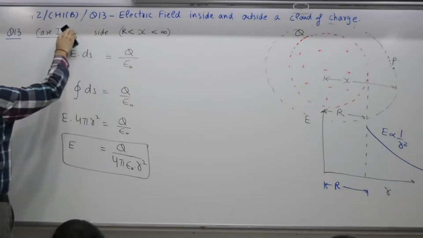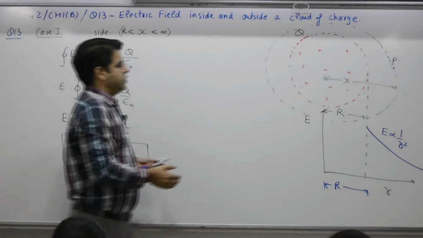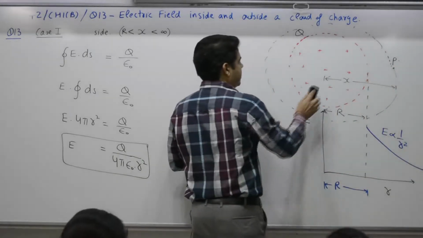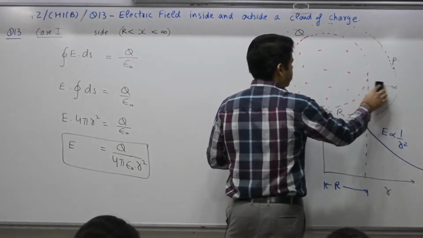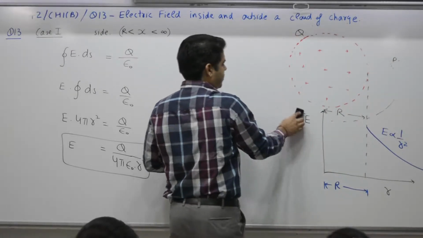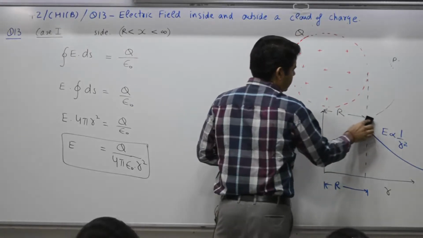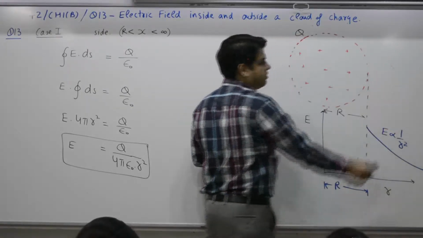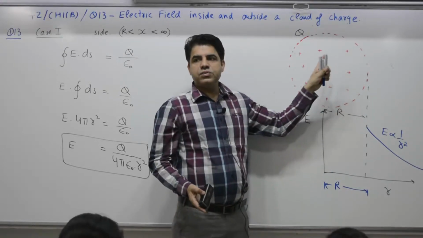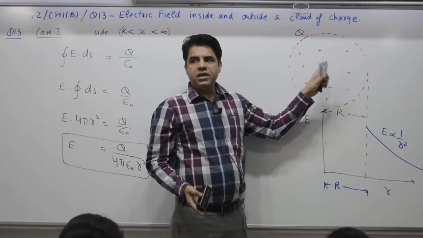Case number 2 is what? Now for any point outside you have answered it. If there is a point inside, what was the value of g inside Earth? How does small g vary inside Earth?